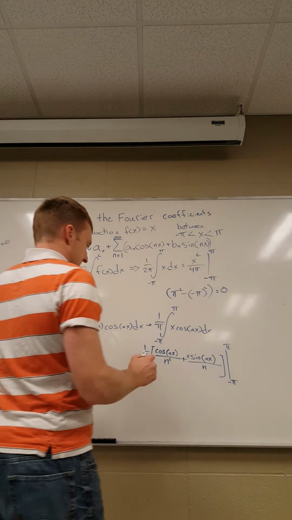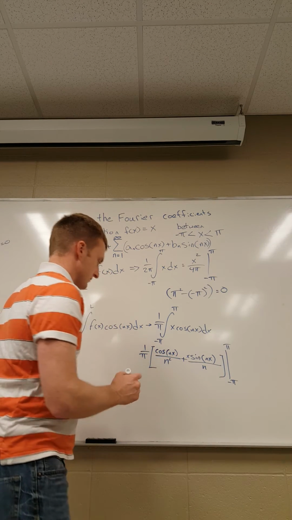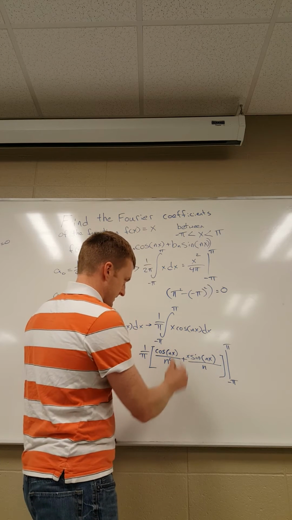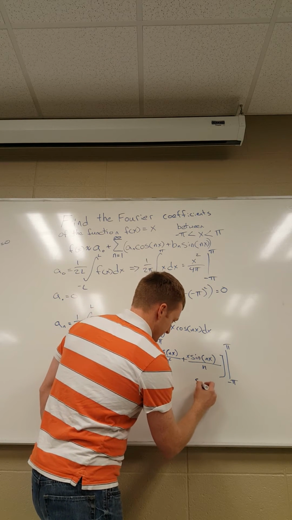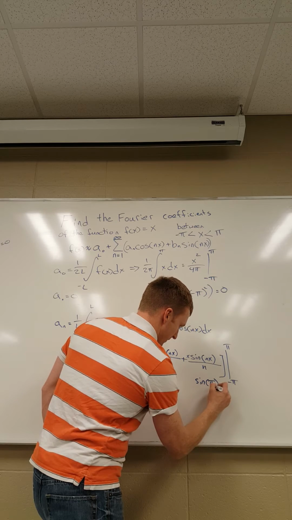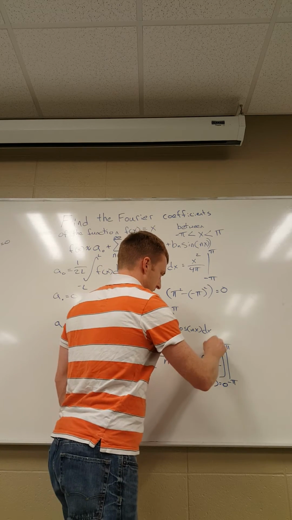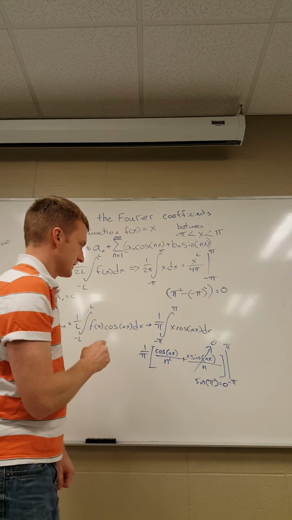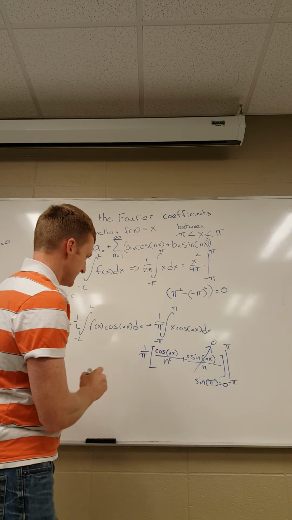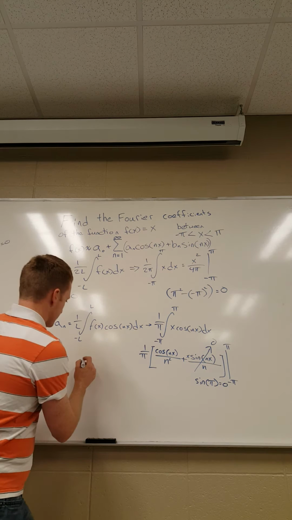Now, it's no surprise that when you plug a pi into sine, that goes directly to 0. So we can just say this first one goes to 0. The second one, not so intuitive, so we'll work it out.